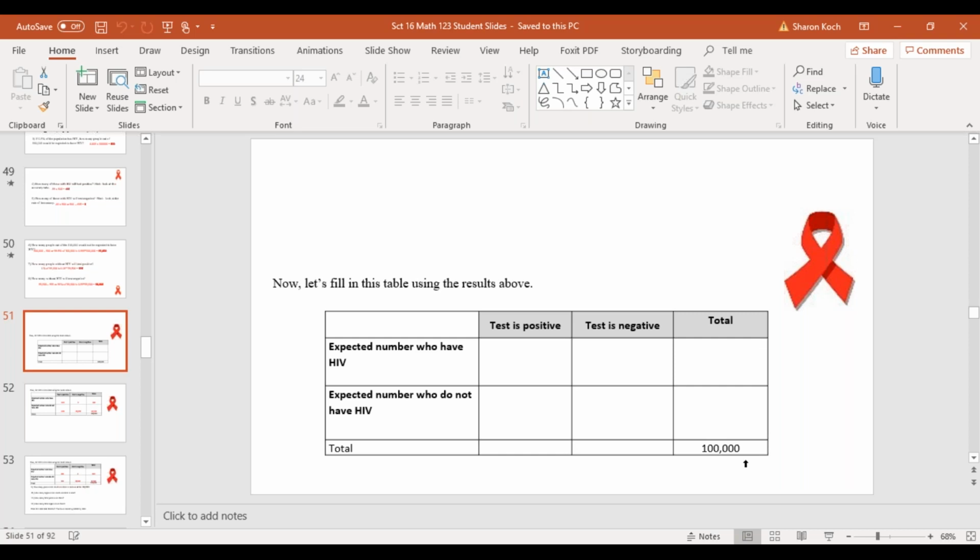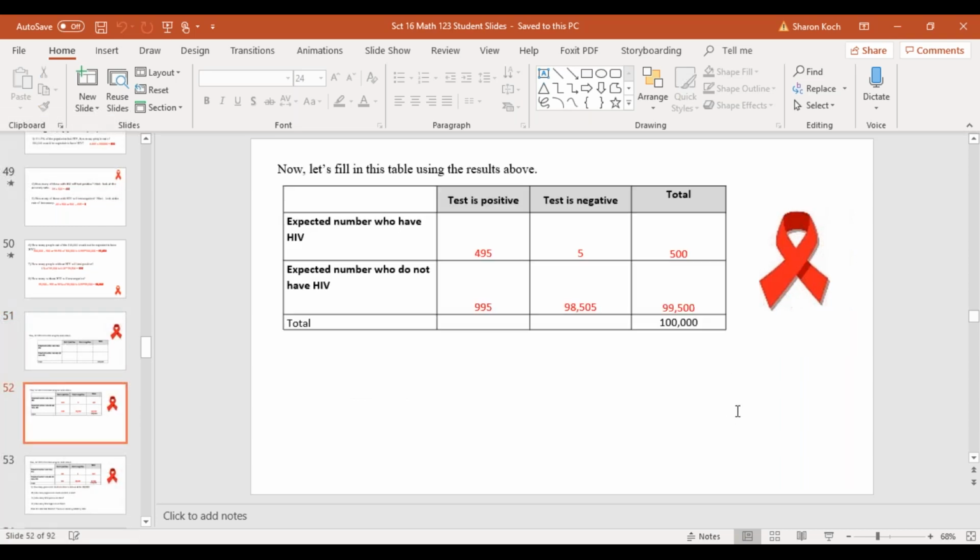The next thing you're going to do is pay attention to how many people they're predicting would have or not have whatever you're talking about. In this case, that means I'm going to fill in these numbers right here. Since they're saying only 0.5% would actually have it, and 99.5% would not, what I want to do is calculate one of these.